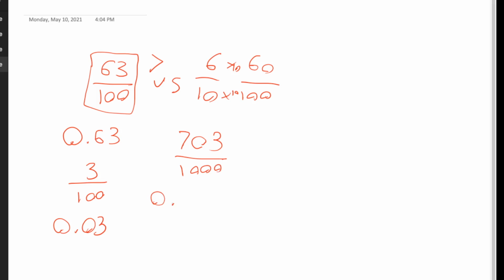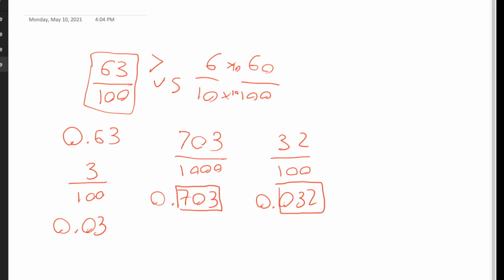Once you put the 0 in, you put the point, you're going to go 703, right? And if you had 32 thousandths, right, what you're going to do is you're going to go 0.032, right? Whenever you have thousandths, you're going to need to fill in 3 spots.